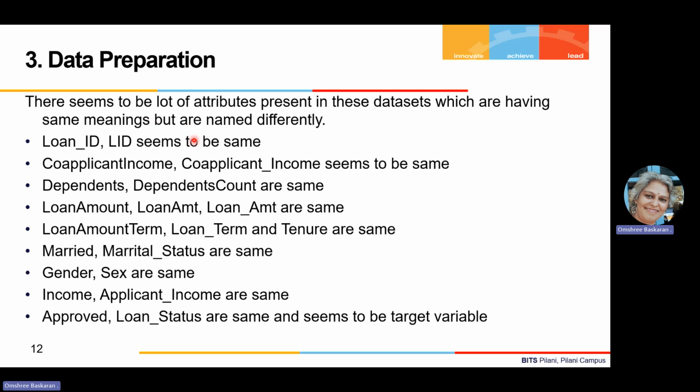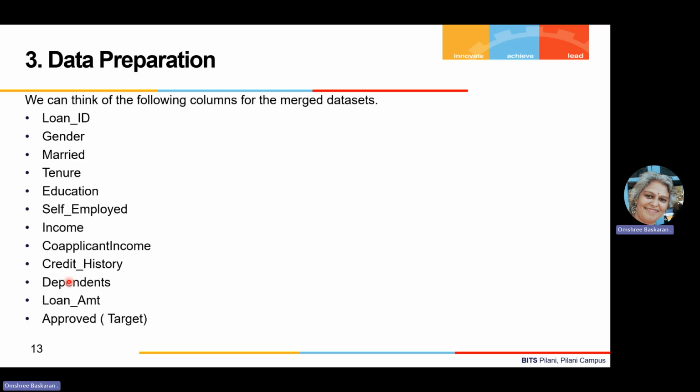The feature values from all these three data sets will be stored under the loan ID. Similarly, for gender, sex, decide how you want to name the feature. Say gender, then all your gender information from the three different data sets is stored under this name. That is what has been done.